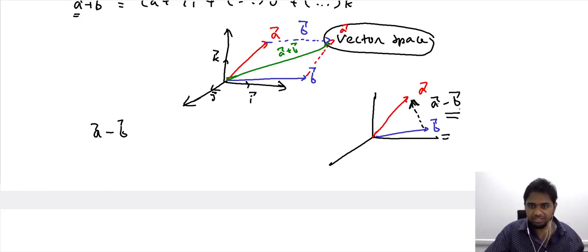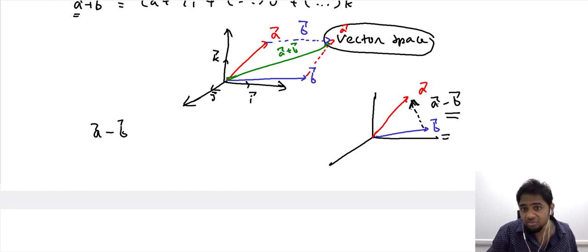The difference is nothing but removing the magnitude associated with a given basis with respect to another vector. So we have 2 vectors, we are taking the difference, and what we are doing is removing some part of the magnitude of a vector associated with a given basis, and that's the reason we are able to graphically represent it in this manner.